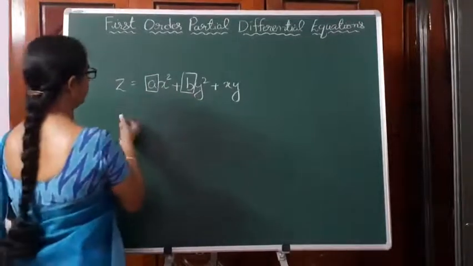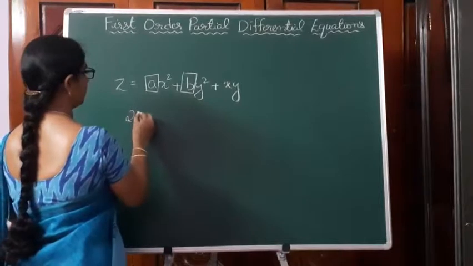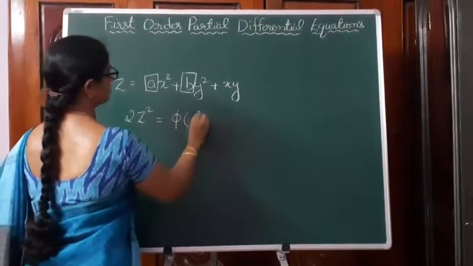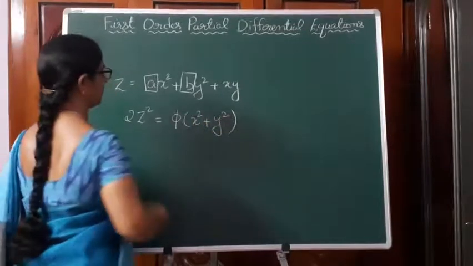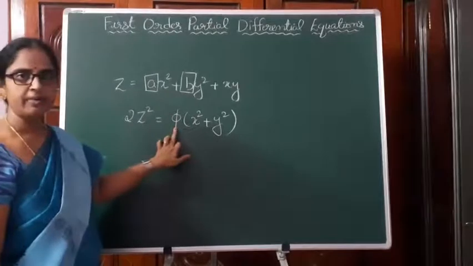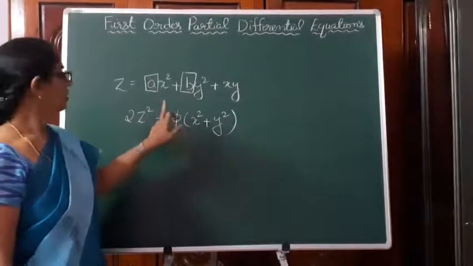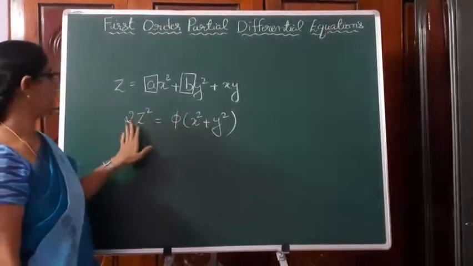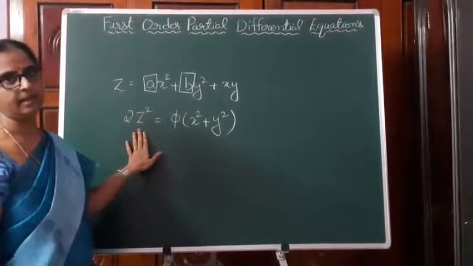Similarly, if we have an equation like 2z square equals phi of x square plus y square, this is an equation which involves an arbitrary function phi. So, here also by eliminating the arbitrary function phi, we can obtain a partial differential equation.